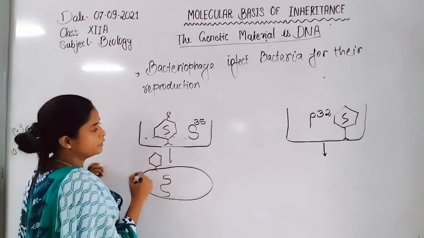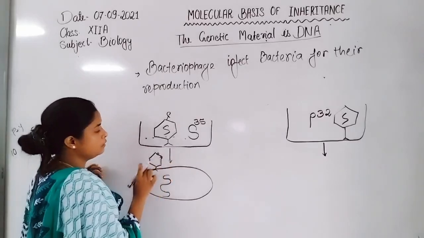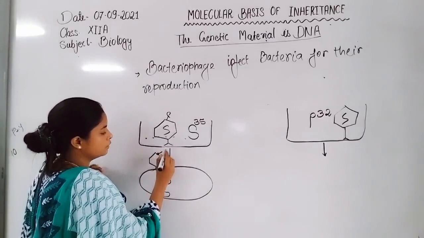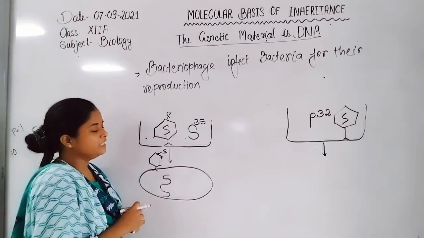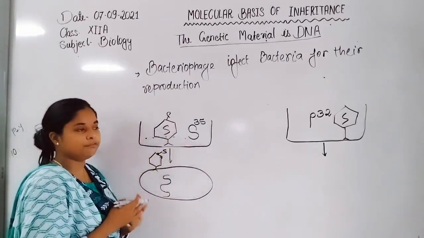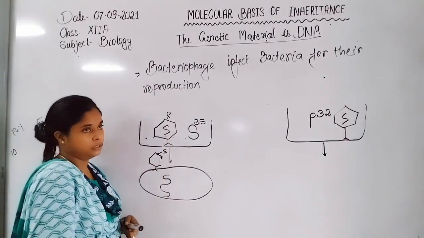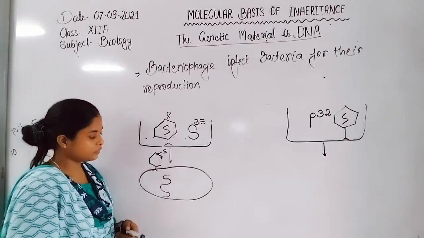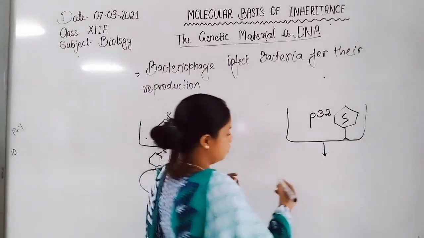They transfer their genetic material, but not the protein. Here is the protein which contains the radioactive sulfur. Radioactive sulfur is present only in protein, but not in DNA, because sulfur is not present in DNA. If it were, their DNA would also have radioactive sulfur. But in the second experiment, what did he do?